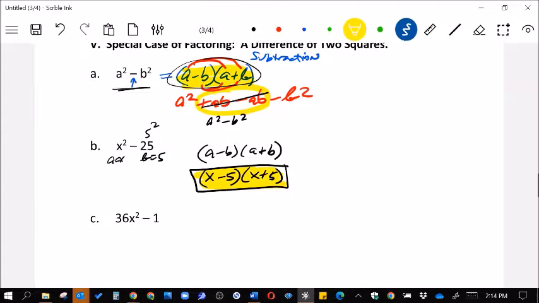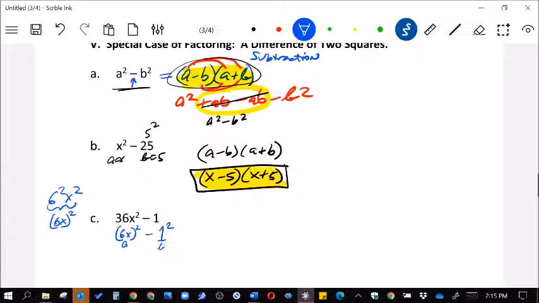Now with 36x squared minus 1, this one's teaching 2 different things. One of them is that you can have these combined. You could write this as 6 squared x squared, but when you do, it's much more efficient afterwards to put the square outside parentheses for both of them, because that's what your a is. And then you have to recognize that a 1 is actually a 1 squared.